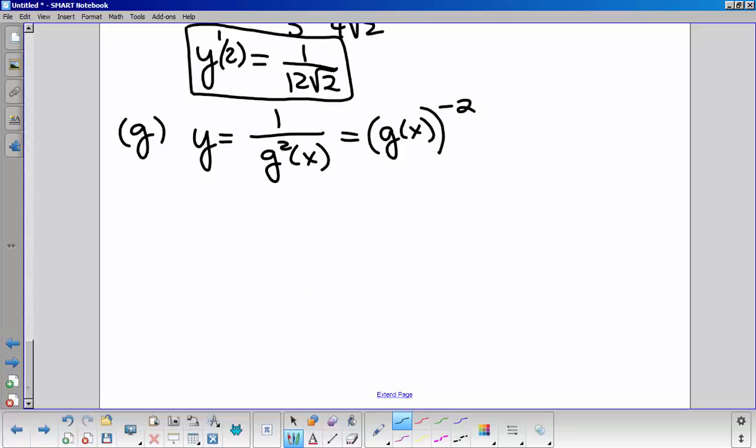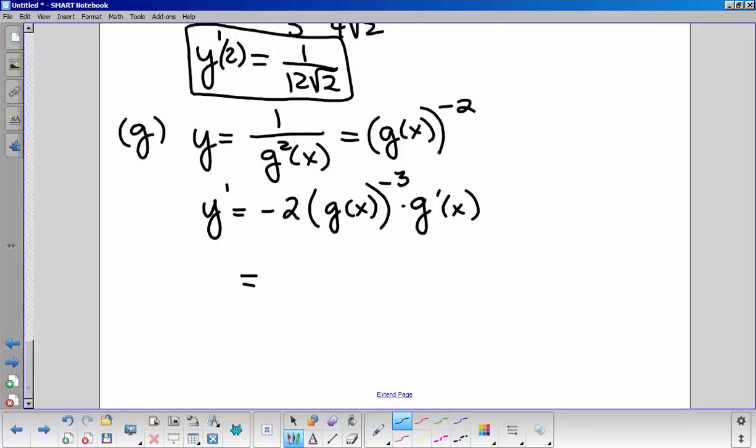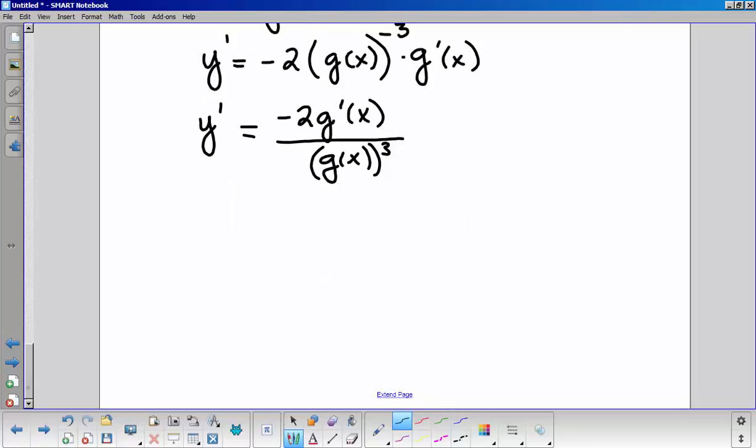Okay, so then y prime is negative 2, g of x to the negative 3 times g prime of x. What goes in the denominator? g of x quantity cubed, yes. And we're going to evaluate this at 3.